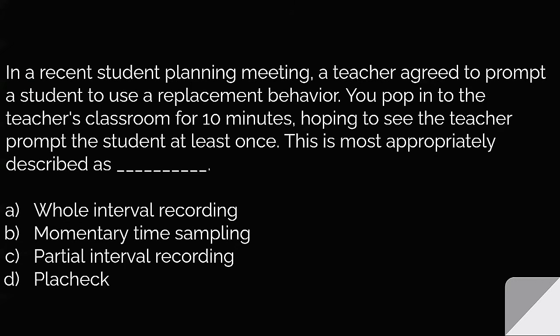So let's say I have 5 students that I want to be engaged reading, looking at their book. I would check at the end of my 10-minute interval and see how many of those 5 students are engaged in that task at that moment. And that's not what's going on here either. So it is C.